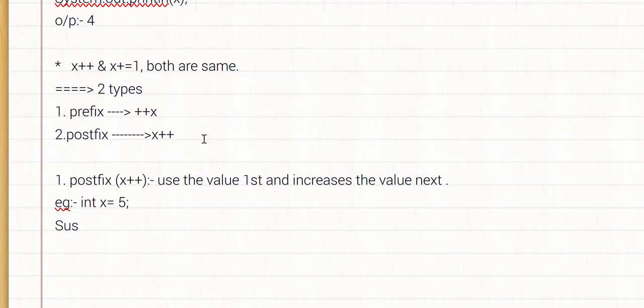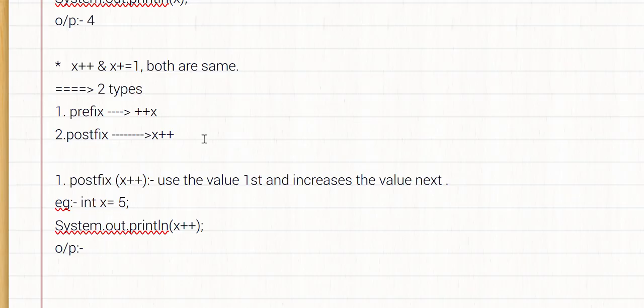Now System.out.println of x plus plus. So what will the output be? It increases, right?